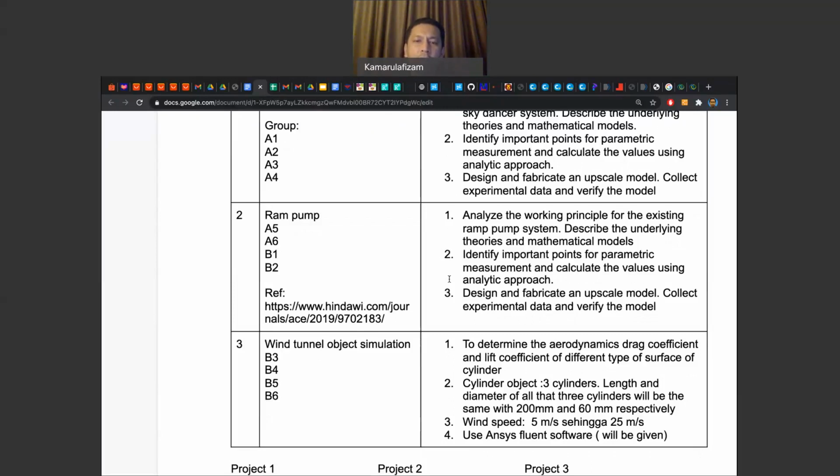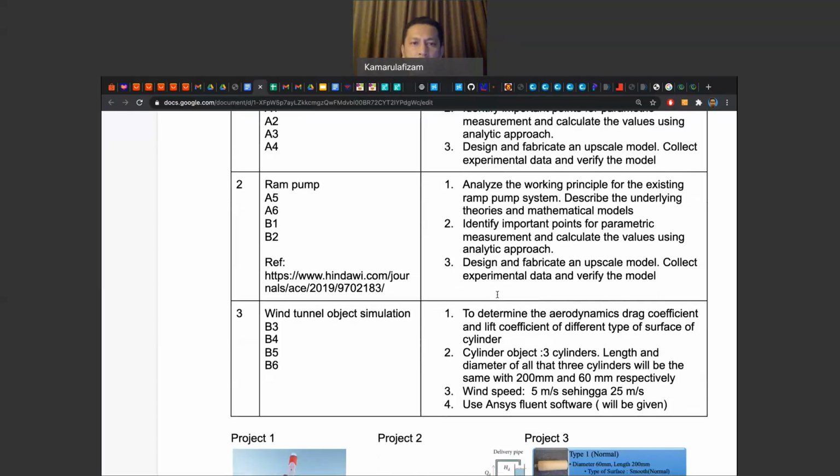For number 3, I want you to double the capacity of the pump and see what kind of changes you need for the design, meaning that you have to come up with a new upscale design of the ram pump system in order to double the capacity of the pumping. That is more or less for number 2.